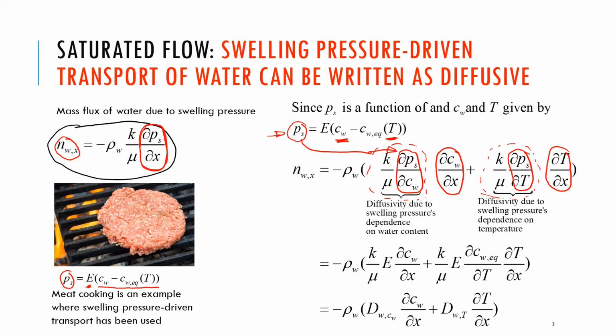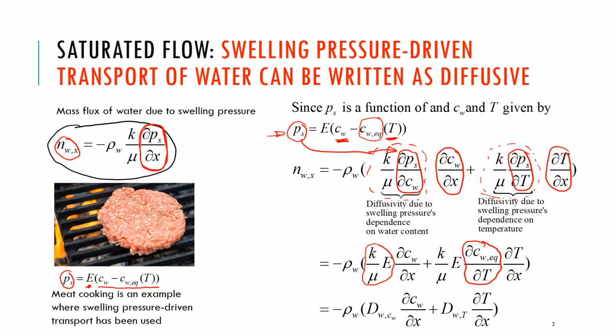So I write K over mu, because P_S has the K over mu, times del P_S del T, which is the same as this del C_W equilibrium del T. So it's this term, whereas the first one would be this.